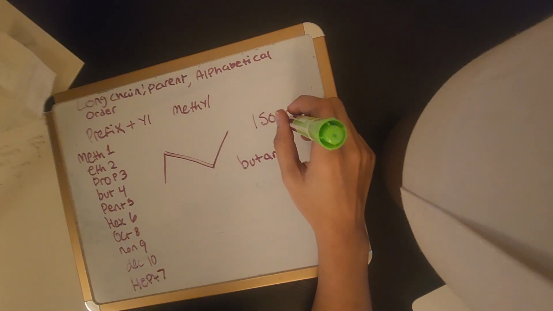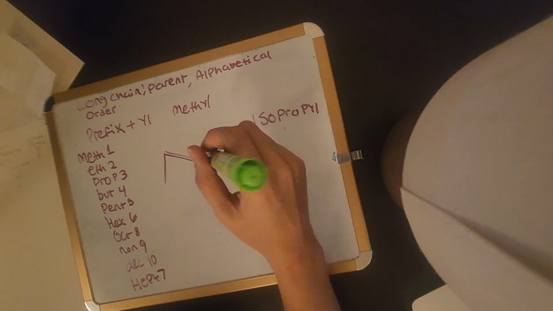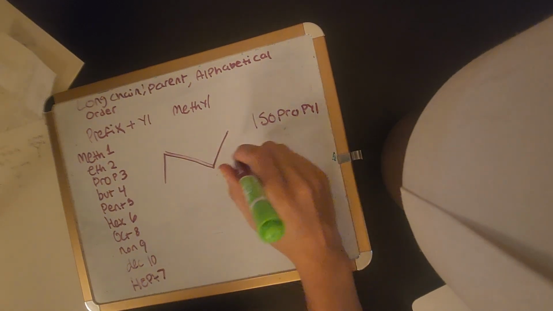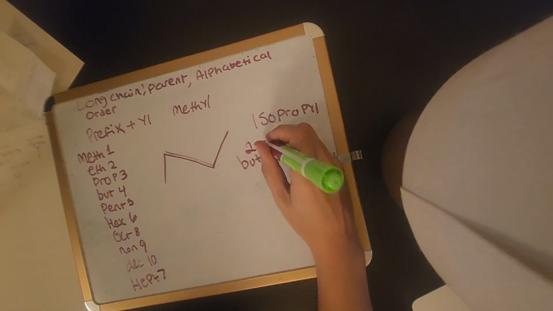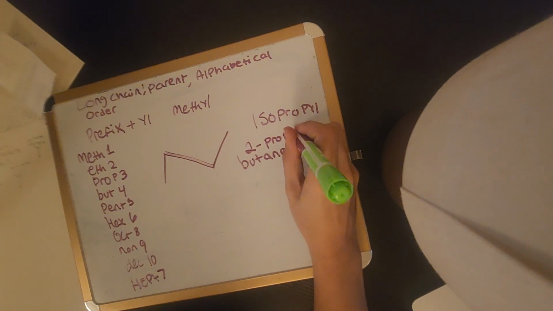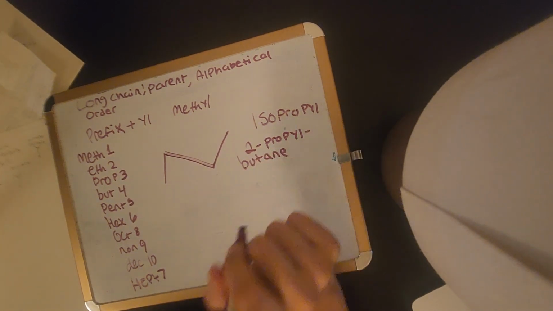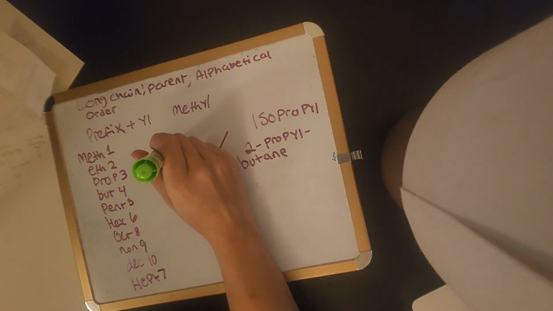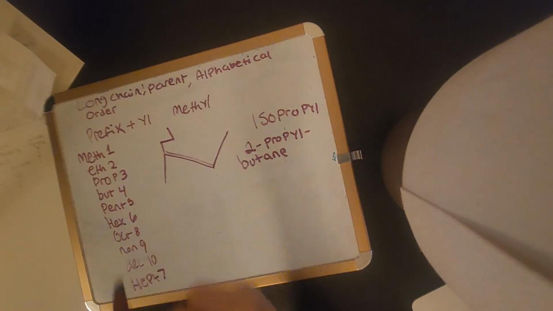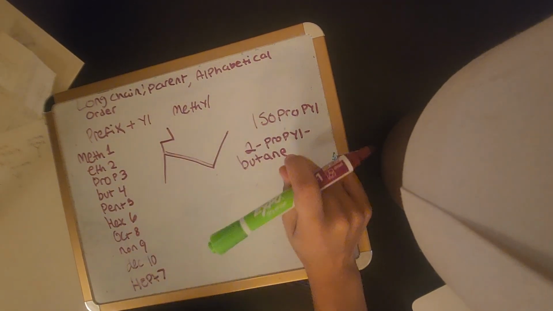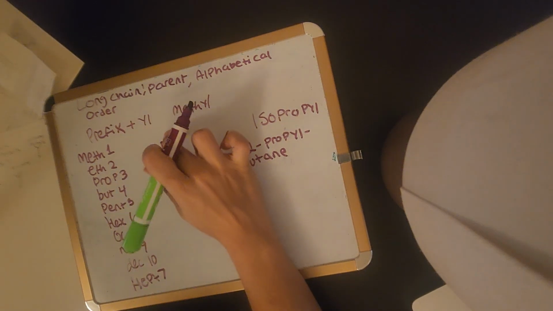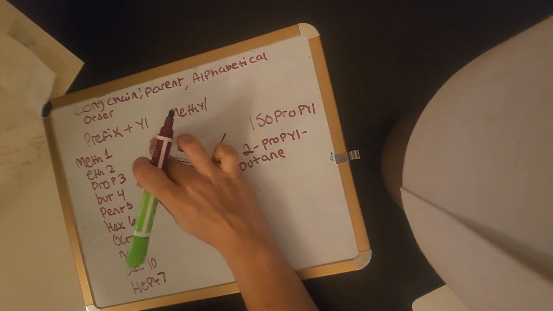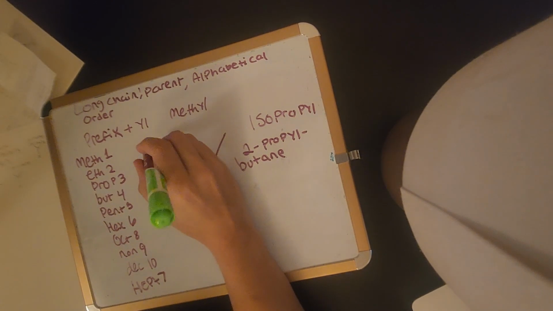As you know, propyl is 3. So if we wanted a 2-propylbutane, we would do 1, 2, and we would just do 1, 2, 3. This is 2-propylbutane. Now, if we wanted isopropyl, we would do this instead.